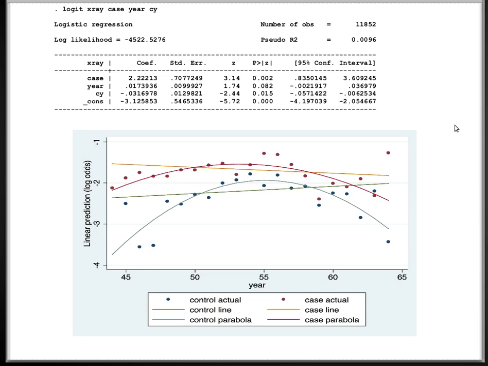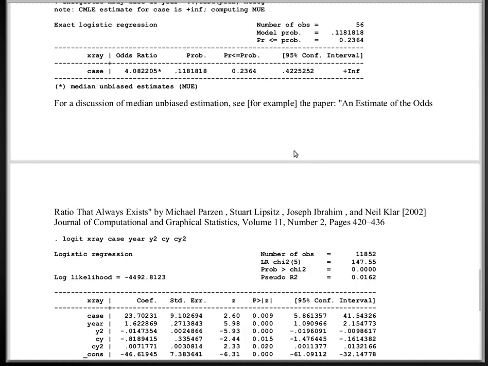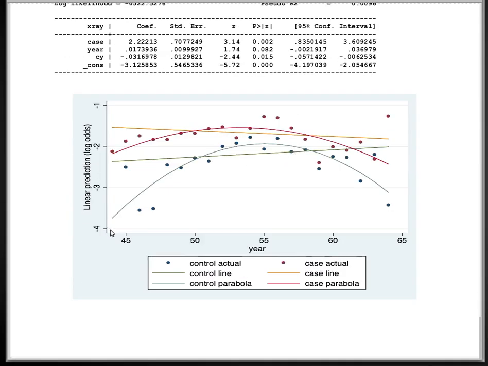So just to reprise, in Breslow and Day, they offer, instead of this picture in terms of log odds, the odds ratios.